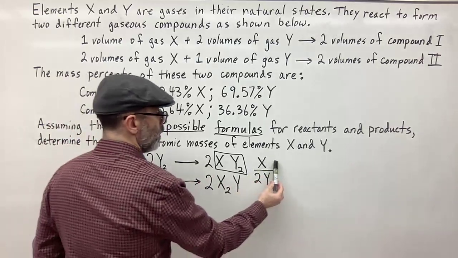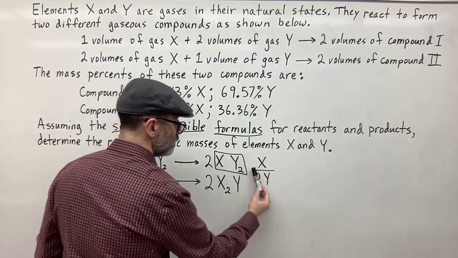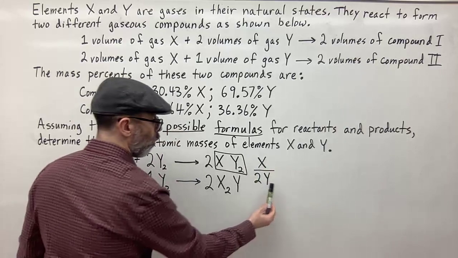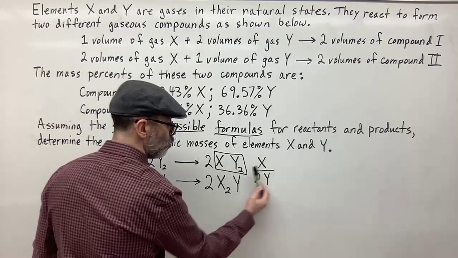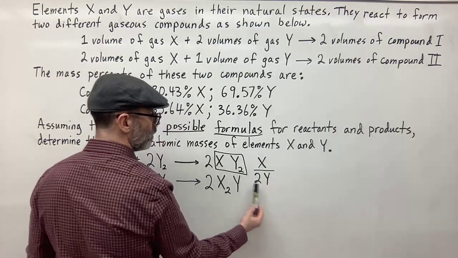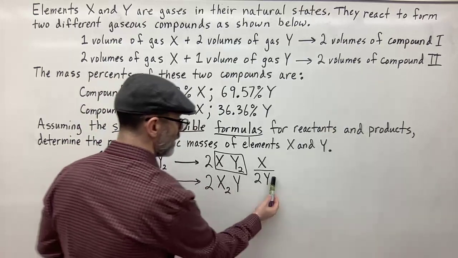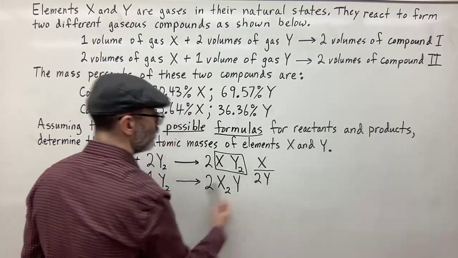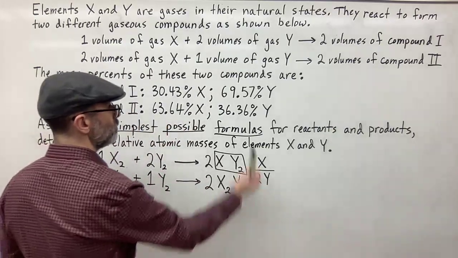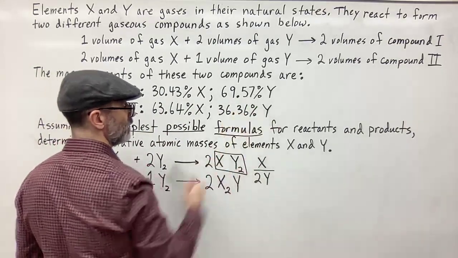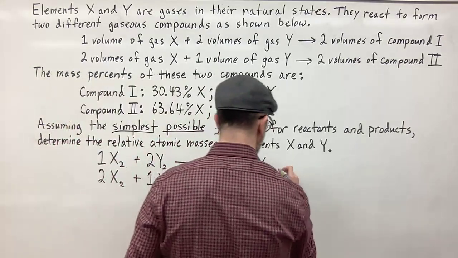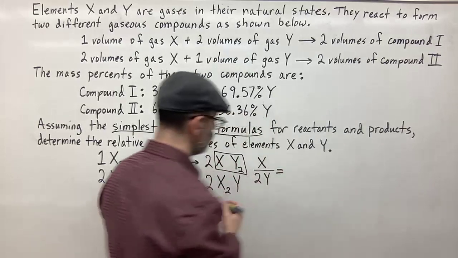So this is the mass of x over 2y, because I have 2 y's in my compound. These 2 y's account for 69.57%. So I can do this as a ratio as well.